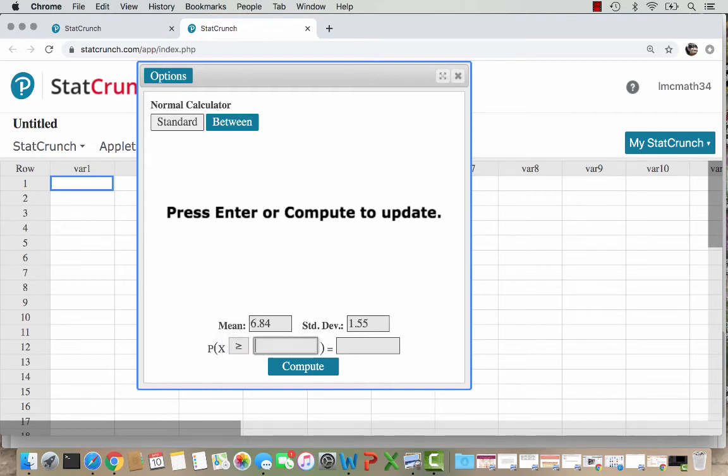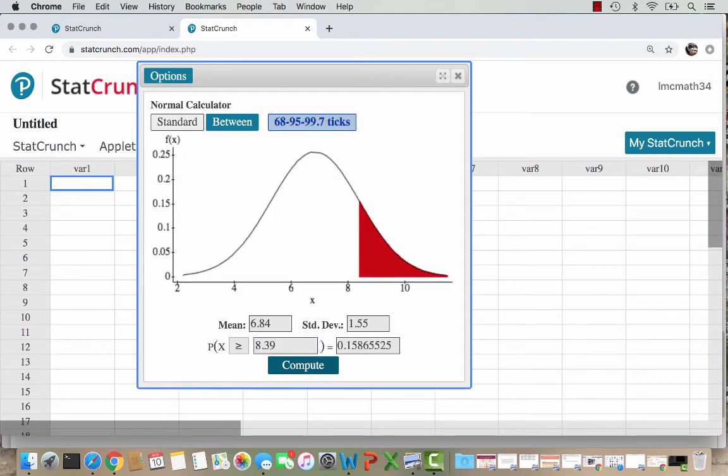Because there are so many scores and 8.39 is just one decimal, it does not technically matter calculation-wise whether we have just a greater than relationship here or greater than or equal to. You could think about the idea that 8.39 is just one score, so that one decimal score wouldn't have much of a measurement. It's like a piece of paper, but we're thinking about the accumulation of all the scores. So I type in that x value I'm investigating here, 8.39, and hit compute.